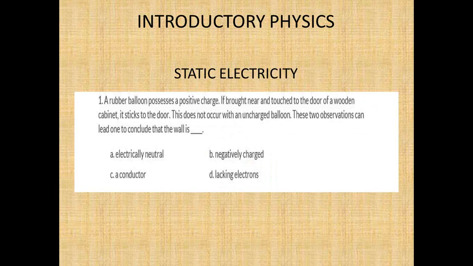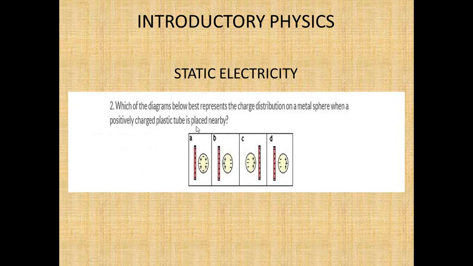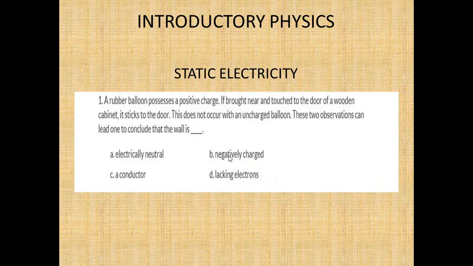So the balloon being charged, it sticks to the wooden cabinet, and we know that the wooden cabinet is an insulator. It's not a conductor. It's a neutral object. So we're seeing a charged object. These two observations can lead one to conclude that the wall is electrically neutral. So let's just think about it. The balloon is positive.